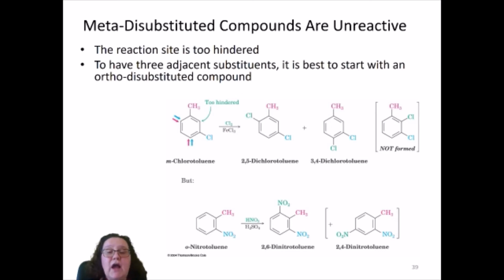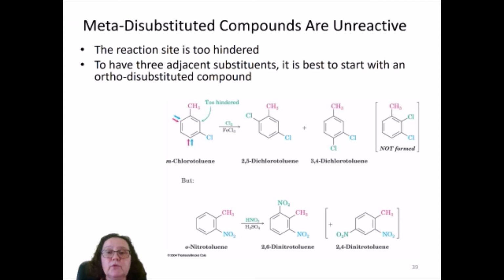When you have a meta-substituted compound, and you're trying to make a compound with three substituents and you want them in three adjacent carbons, you need to be careful what your starting reagent is.